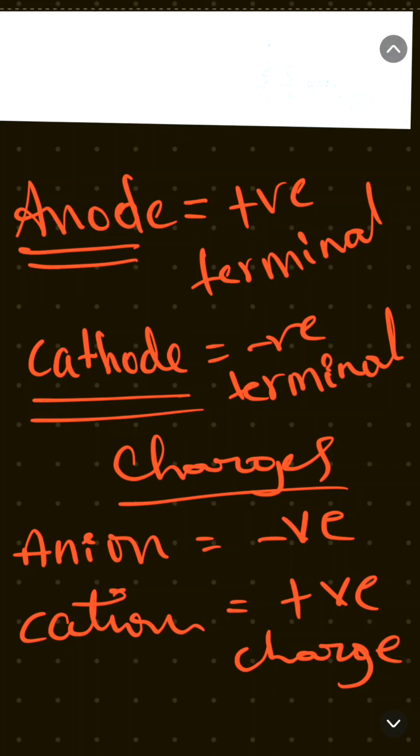In the case of terminals, anode is the positive terminal, where the anion always goes and is attracted. This is because anode is positive and anion is negative. Unlike charges attract each other, whereas like charges repel each other. So anode, anion: positive, negative. Cathode, cation: negative, positive. Did you understand my point? So remember this point first.